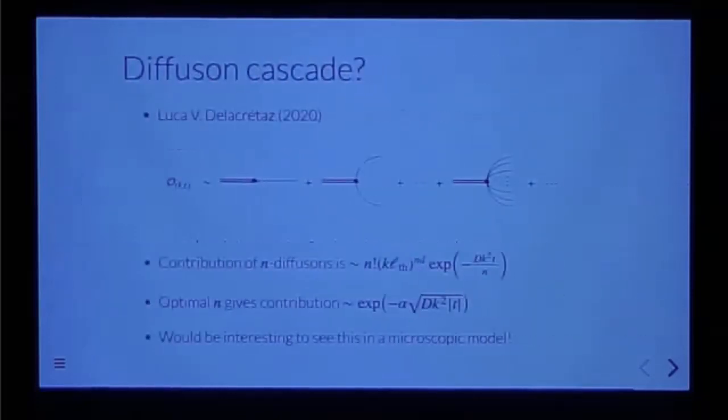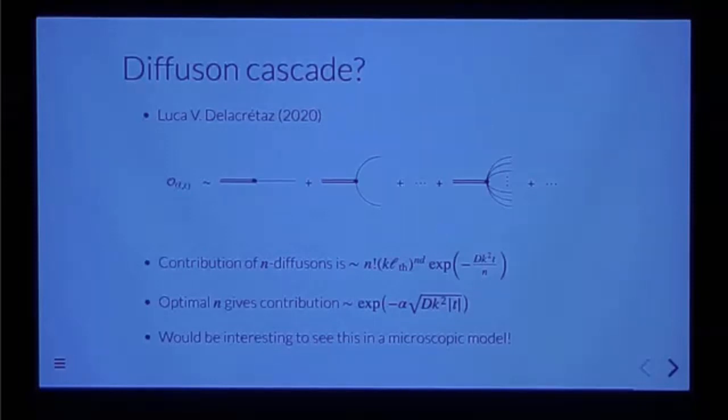There is an interesting argument, which Sarang pointed out to me, published last year in a paper which goes by the name diffusion cascade. If you try to estimate the contribution to n diffusons arising from these higher order processes, you get an estimate which looks like this.